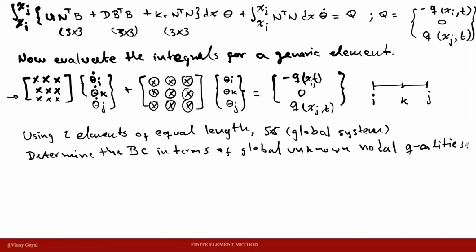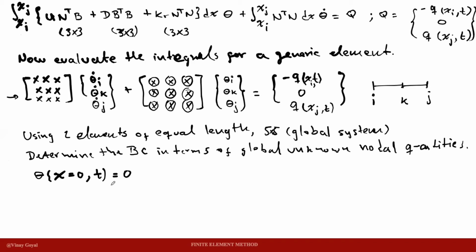Okay, so according to the problem statement, we have an essential boundary condition, which is related with theta at x equals 0 for all time, which is equal to 0. So it means that the concentration of the mixture is equal to 0 at the left end of the domain.